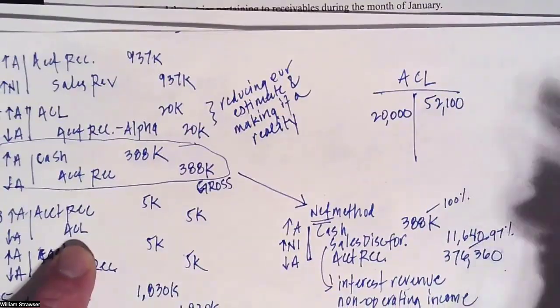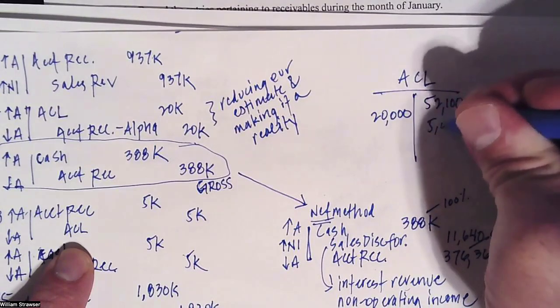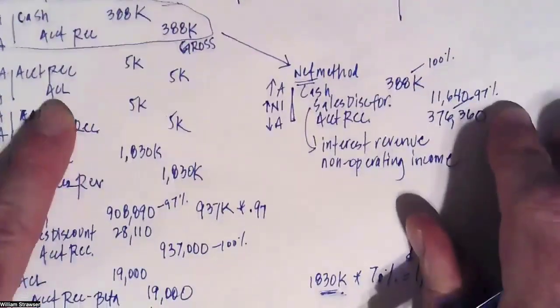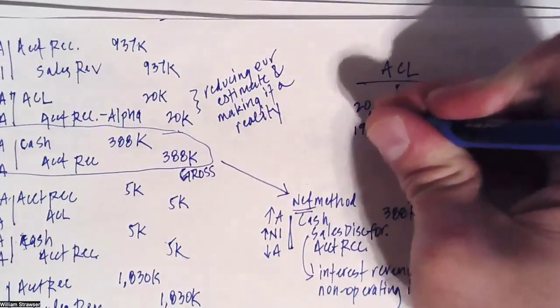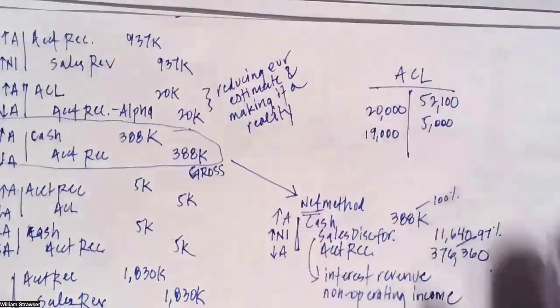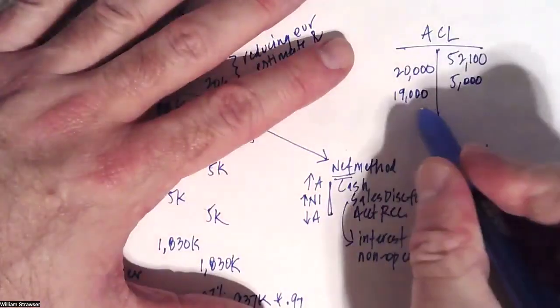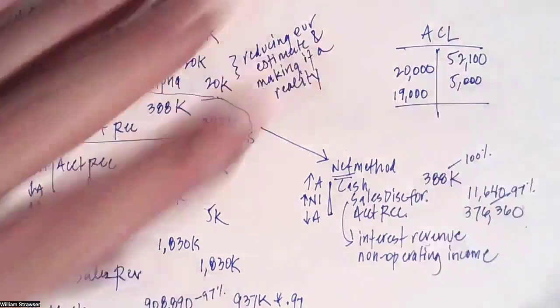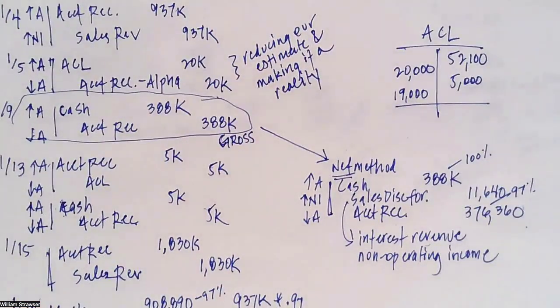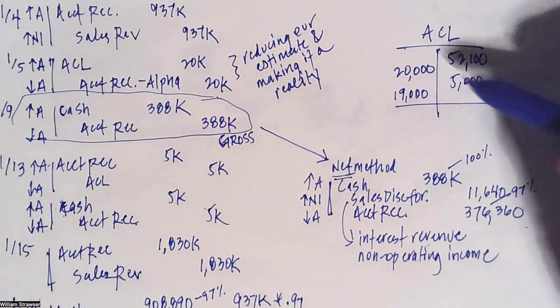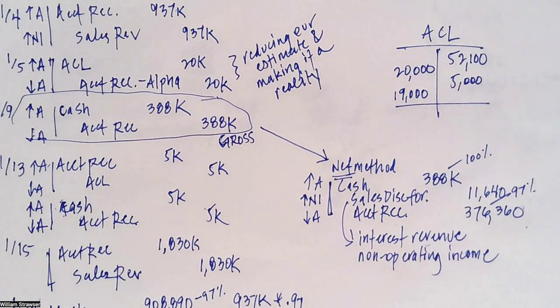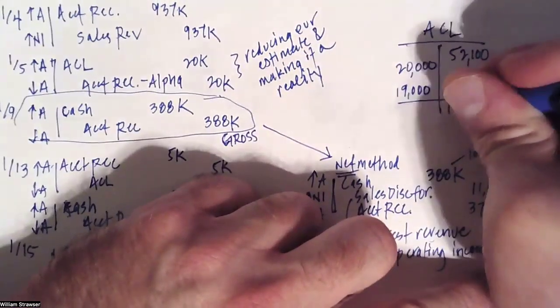We had a reinstatement that credited my ACL. And then we had an additional write-off. So that's 19,000 here. Those were the only items that impacted ACL that we made a journal entry for. And so I'm going to line those up, get my unadjusted balance for ACL, which comes out to 18,100.